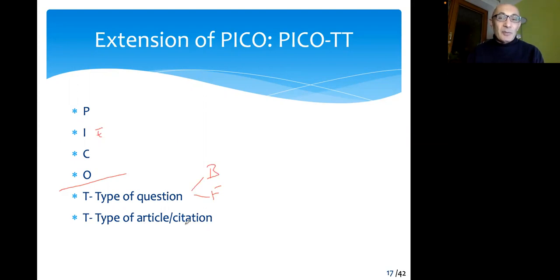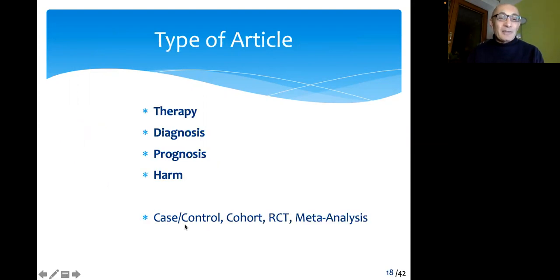And from the previous session, you should have some information about the types of studies. What were the types of studies? The case control, cohort, RCT, meta-analysis, etc. Cross-sectional studies, repeated cross-sectional studies. But also what clinical situation you are examining with your study.